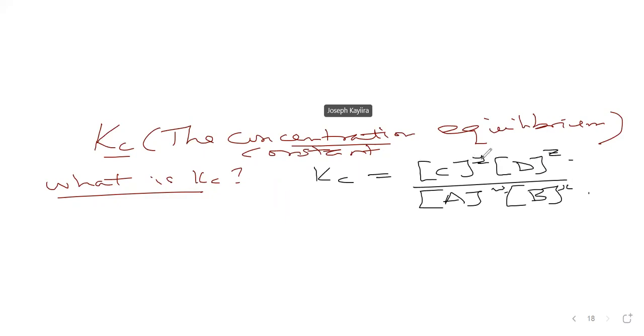What do the square brackets denote? Molar concentrations. They are products of the molar concentrations raised to those powers there. Under what condition did we say Kc is measured? At a constant temperature. So all those concepts should be brought out in your definition.